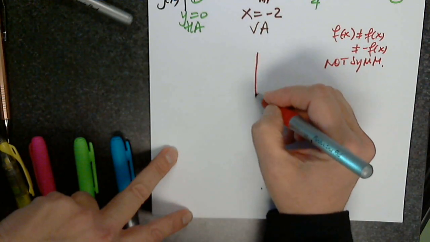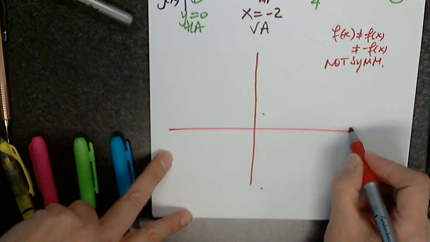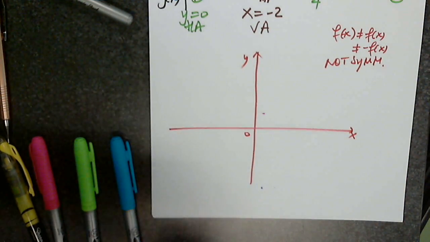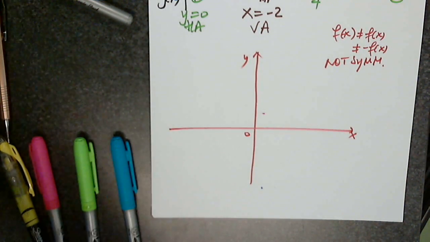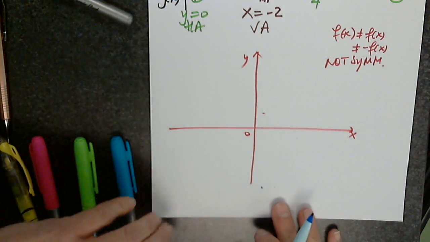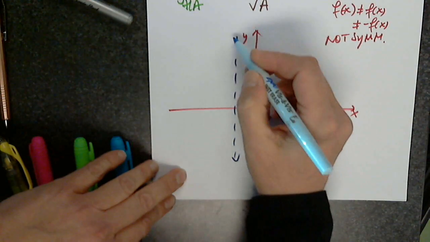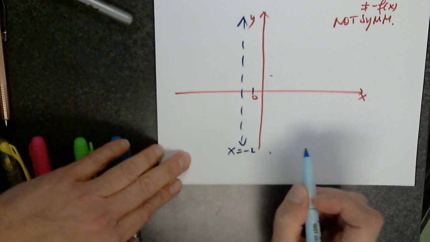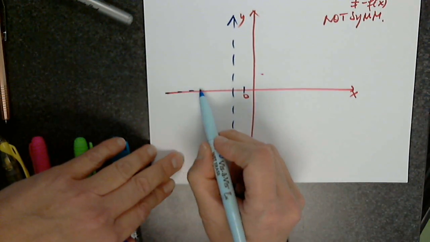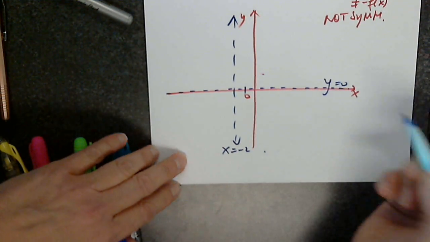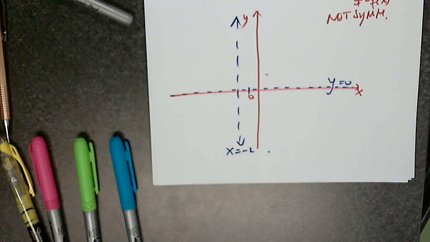Okay, so let's graph it. When I graph a function with asymptotes, what do I have to graph first? Absolutely. And it has 2 asymptotes, one at negative 2 and one at 0. Of course, this is an overkill, because the x-axis is still there.